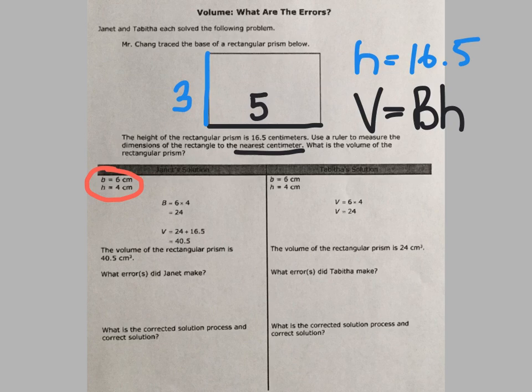That's fine, but she's got measures of 6 and 4. The base, or little b, of this rectangle, when I double check my measures, I find that it is in fact 5. And the width, or if I want to use her term of height, of the base of this rectangular prism, once again I find the nearest centimeter is 3.